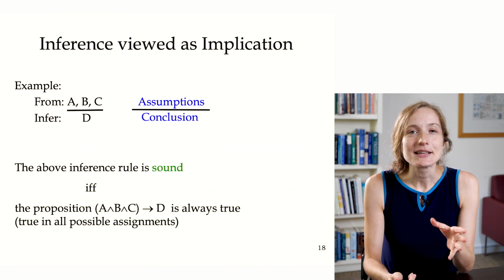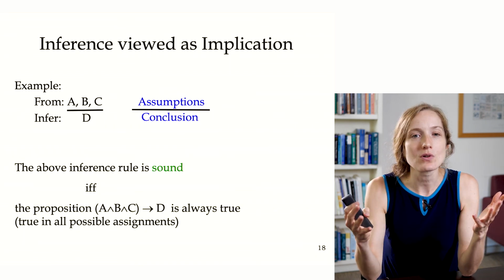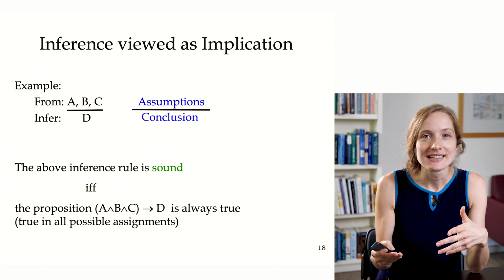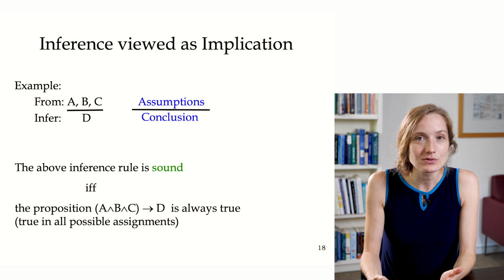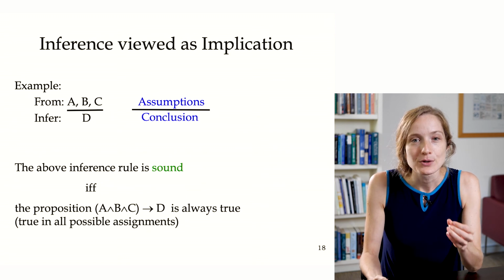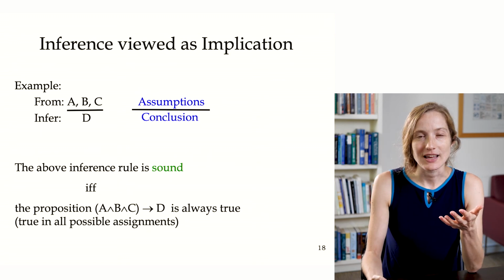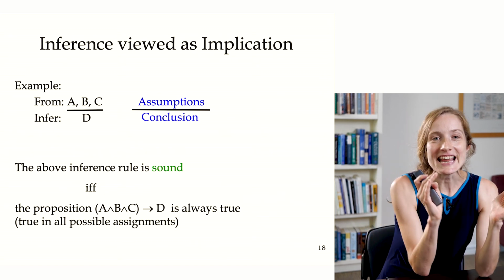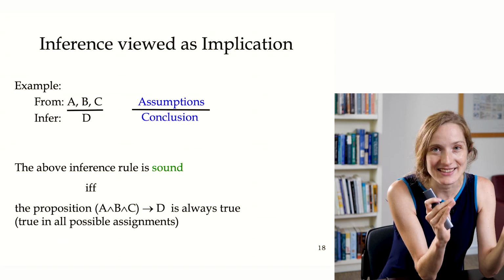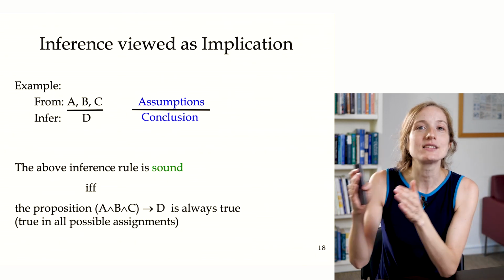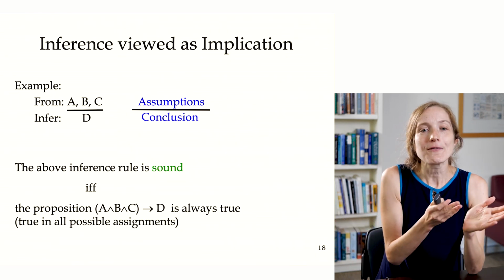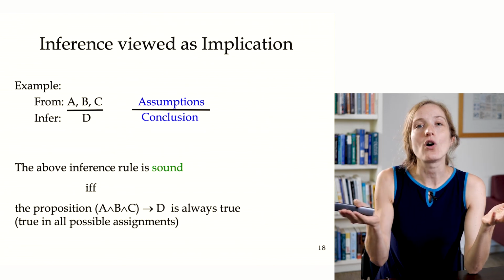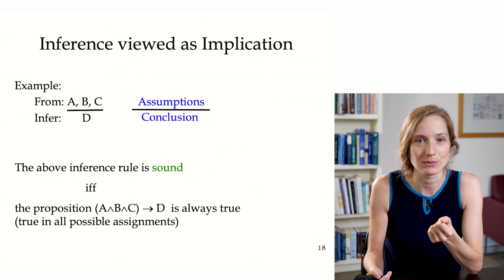What I'm saying is that the above inference rule, this general collection of assumptions, say A, B, and C, and conclusion D, is a sound inference rule if and only if the proposition, and here is where the implication is coming in, that takes all of the assumptions, sticks ands between them, implies the conclusion, is always true, that is, true for all possible assignments in the entire truth table.